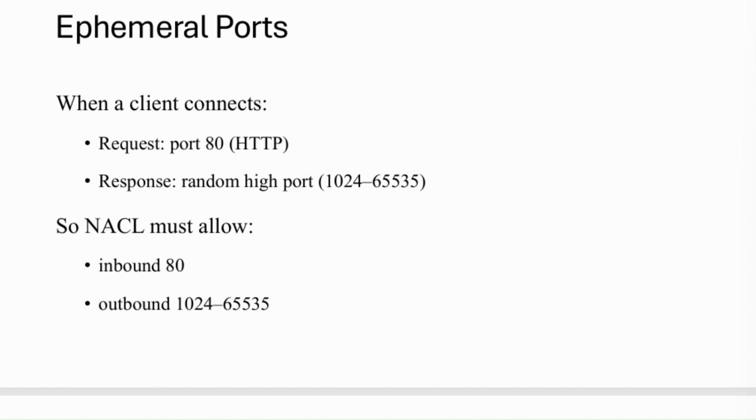So the NACL must allow traffic to port 5000, but the NACL does not know exactly which high port the person will use. So NACL allows all high ports from 1024 to 65535. This way, no matter which high port the person uses, the response can come back.